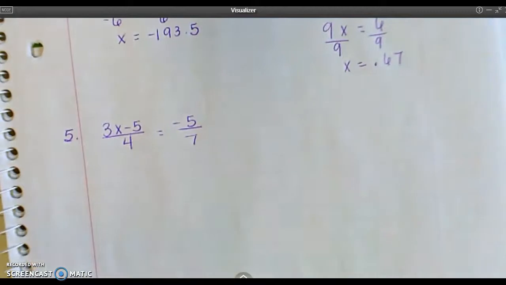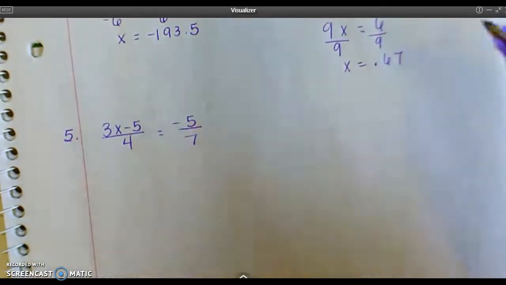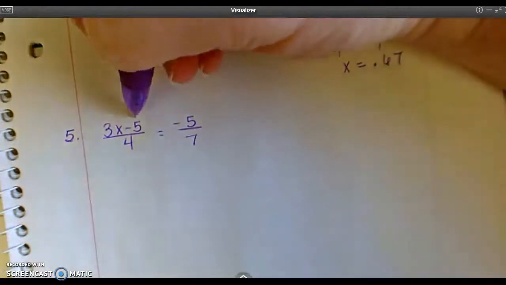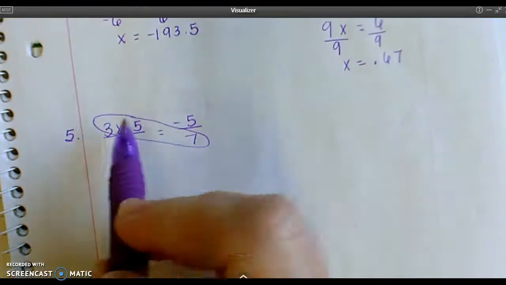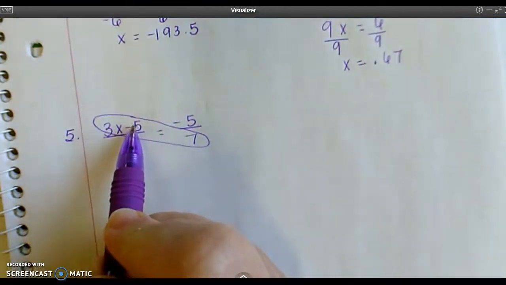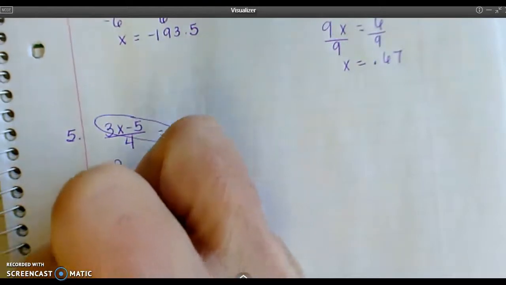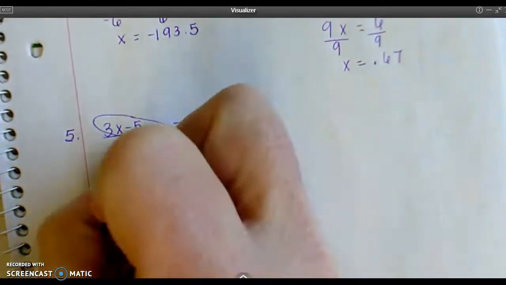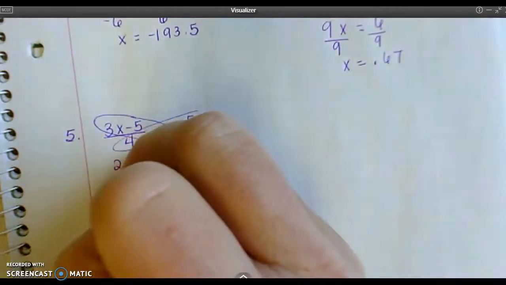Okay, similar problem as the last. Remember the negative, it can go with the 5 or the 7. I'll just leave it with the 5, but it could go wherever. Again, I always start with wherever the x is. And the 7 has to be multiplied by the 3x and the 5. So 7 times 3x is 21x. 7 times 5 is negative 35. And then we do this side as well.